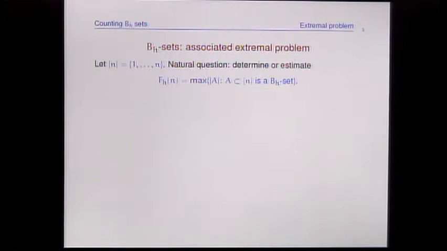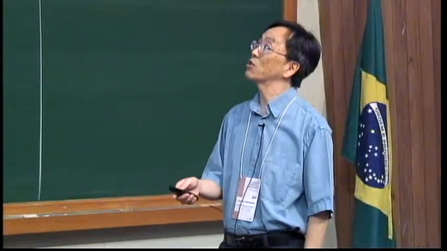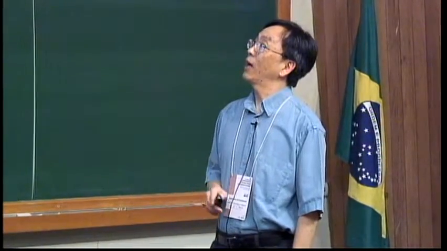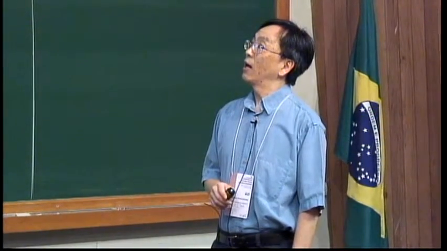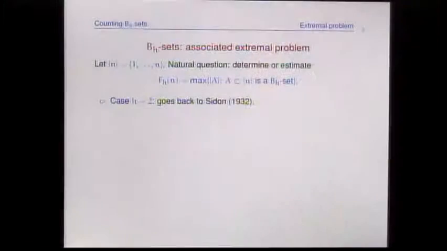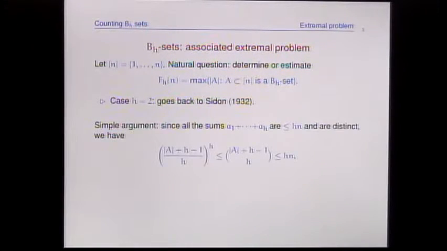So I want to know this extremal function fH of n, the maximal size of such a BH set A. This is the extremal problem I'm interested in. So when H equals 2, this is actually a question that was posed by Sidon in the 30s. So it's a well-known problem.